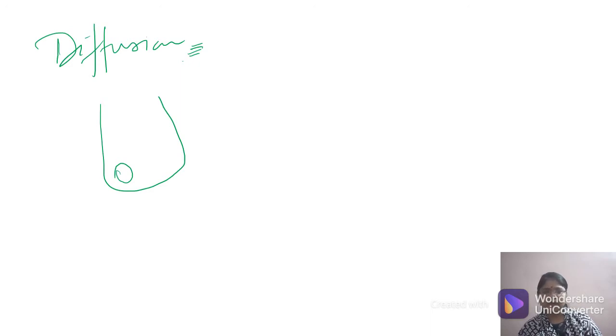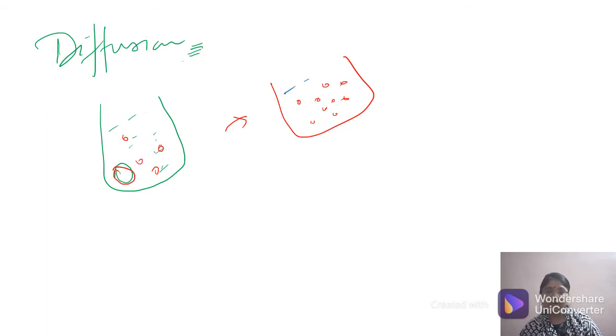anything it could be, and suppose this is water. Then what will happen? It will start diffusing into it, and you will find that after some time it has totally mixed. So this is what we say, the movement of molecules.